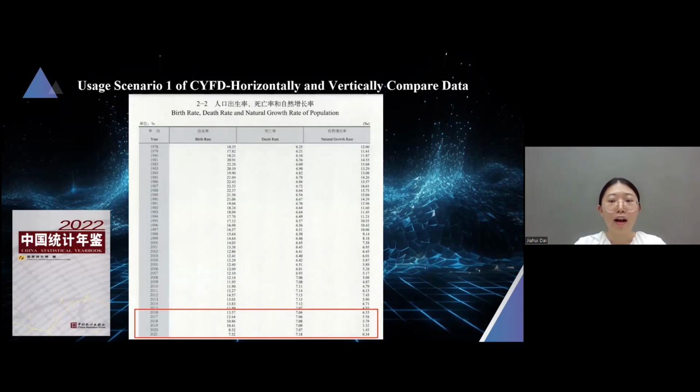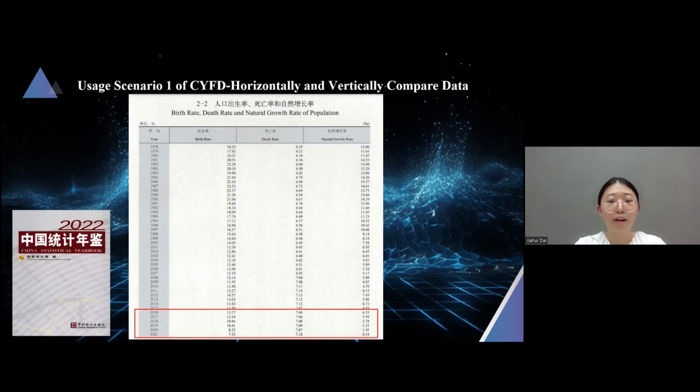From this table about birth rate, death rate, and natural growth rate of population in China's Statistical Yearbook, we can clearly see that the birth rate dropped from 13.57 per thousand to 7.52 per thousand in the 5 years from 2016 to 2021. The decline was over 44%.